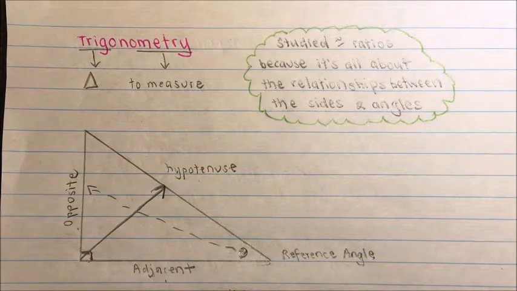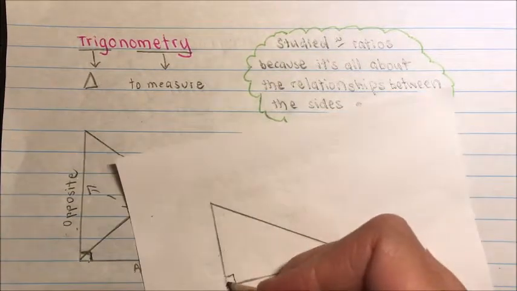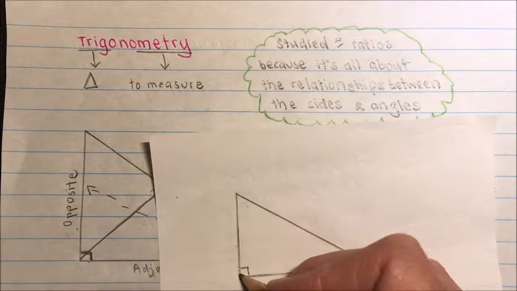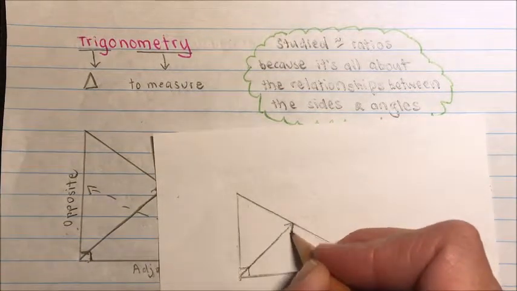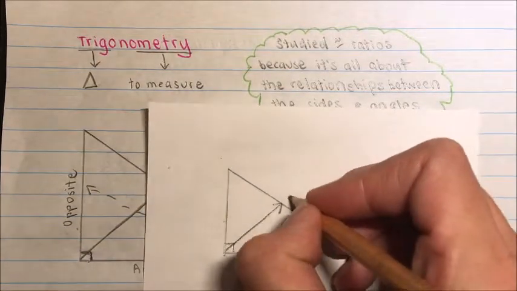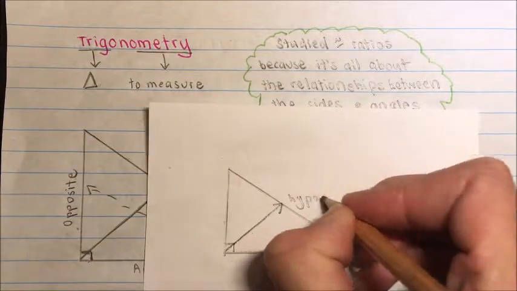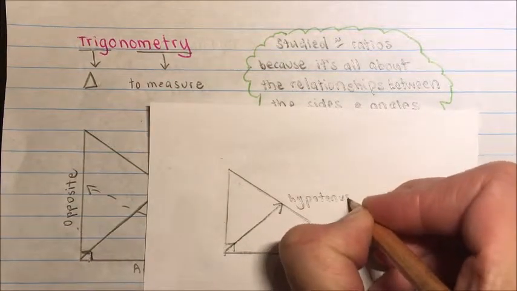The reason the reference angle is important is, here's my 90-degree angle, and the side opposite the 90 degrees will always be the hypotenuse.